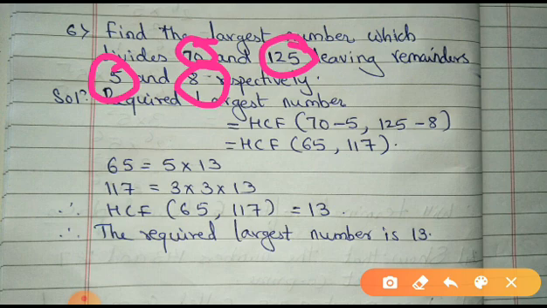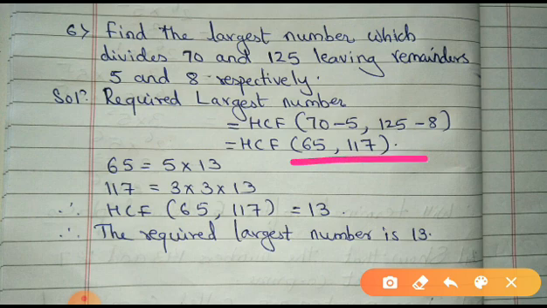Find first 70 minus 5 and 125 minus 8, and then find the HCF. So the numbers of which we have to find the HCF are 65 and 117. 65 can be expressed as 5 into 13, and 117 can be expressed as 9 into 13, that is 3 into 3 into 13.